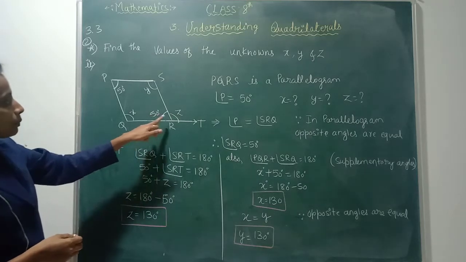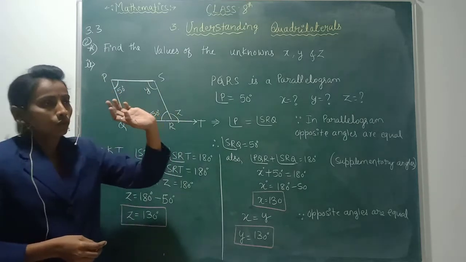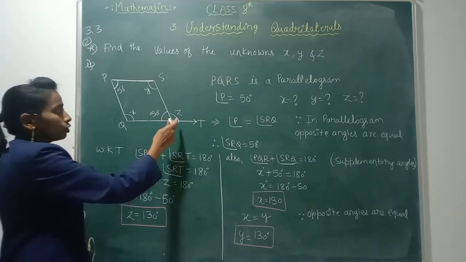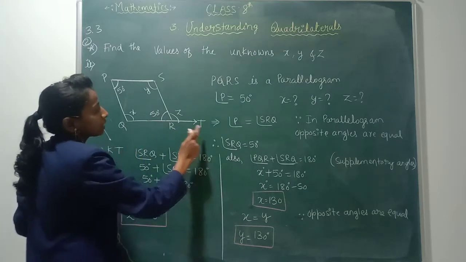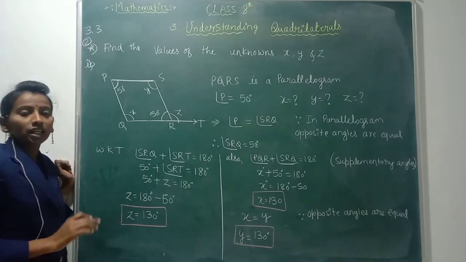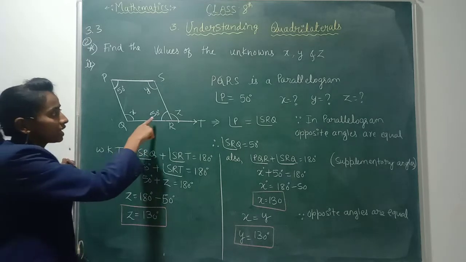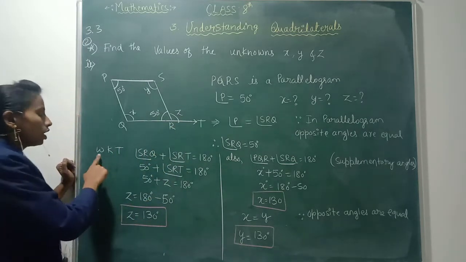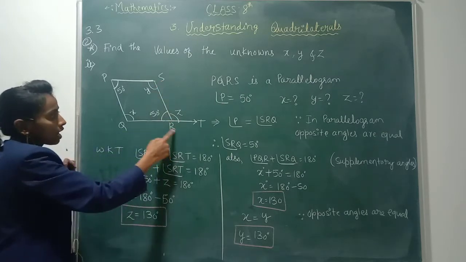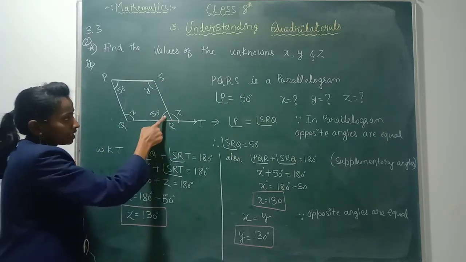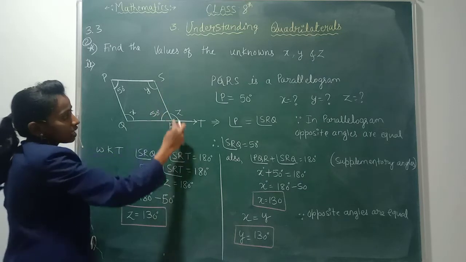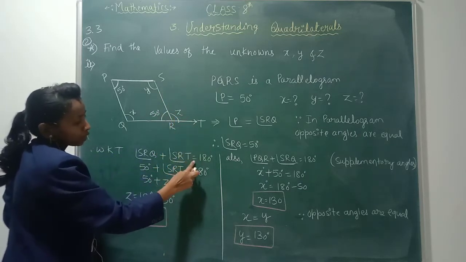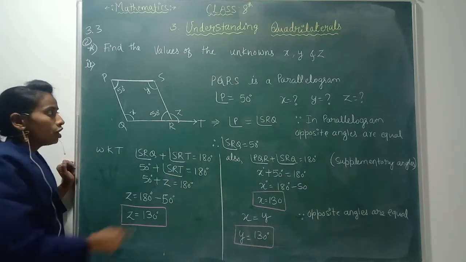One value we got, but we don't have the Z value. Here QRT is a straight line, and a straight line has 180 degrees. This angle is 50 degrees. So how do we find the Z value? We know that SRQ plus SRT is equal to 180 degrees.